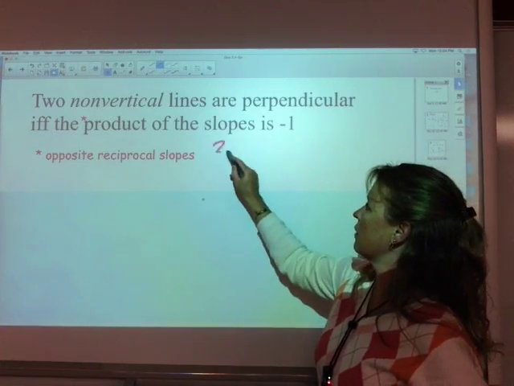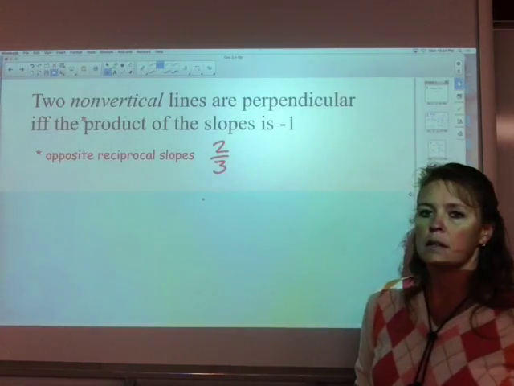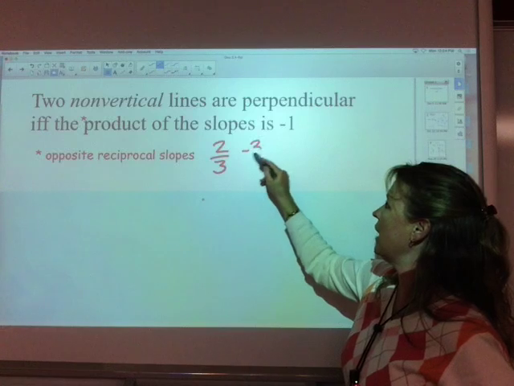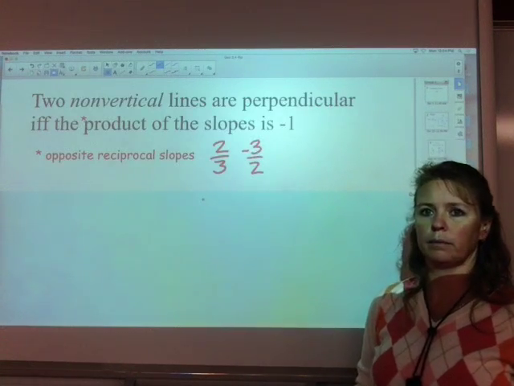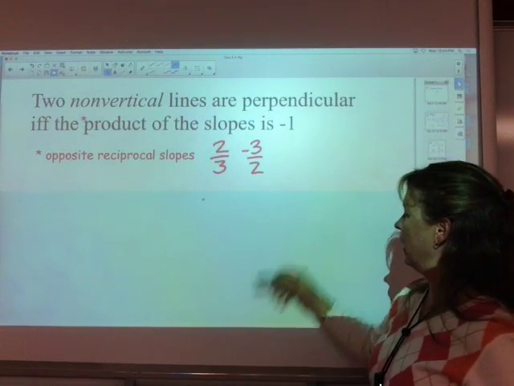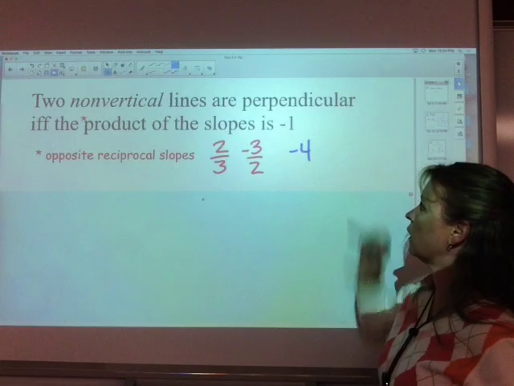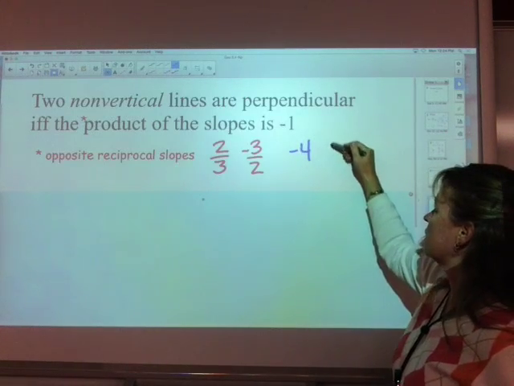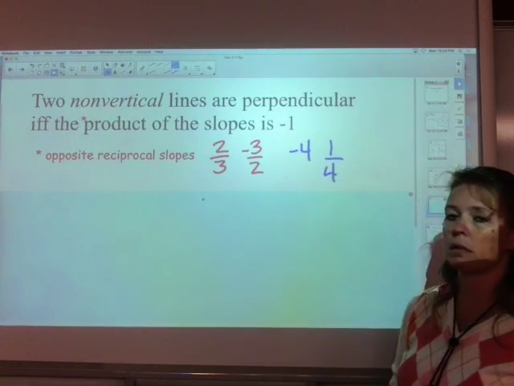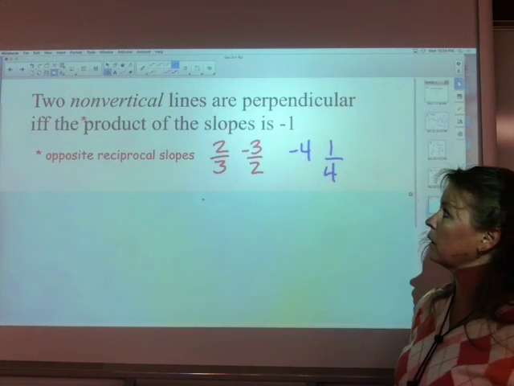If one line has a slope of 2/3, the other line needs to have a slope of negative 3 over 2. If one line has a slope of negative 4, the other line would need a slope of positive 1/4. Opposite and reciprocal.